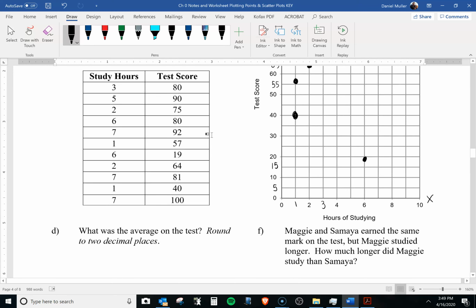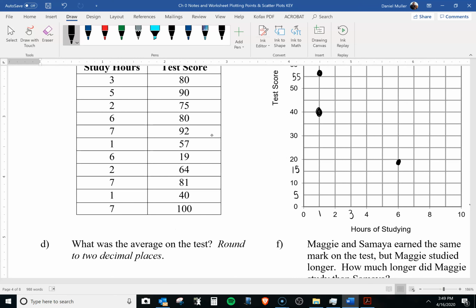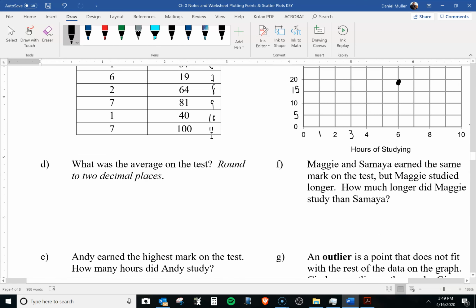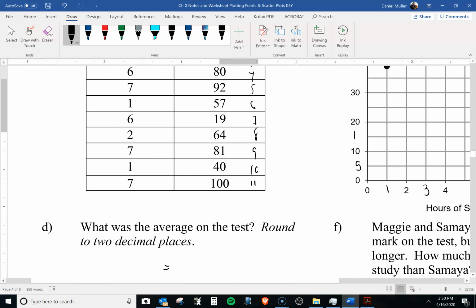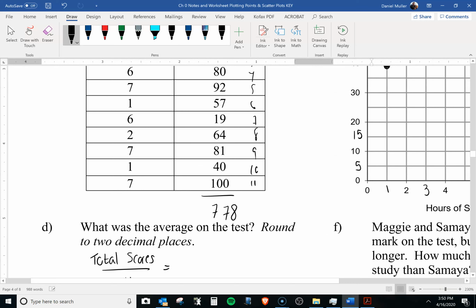To calculate the average, what we need to do is see how many people wrote the test. We have 1, 2, 3, 4, 5, 6, 7, 8, 9, 10, 11. So we add up all the scores to get the total, and then we divide it by 11. Adding them all up gets a total of 778.